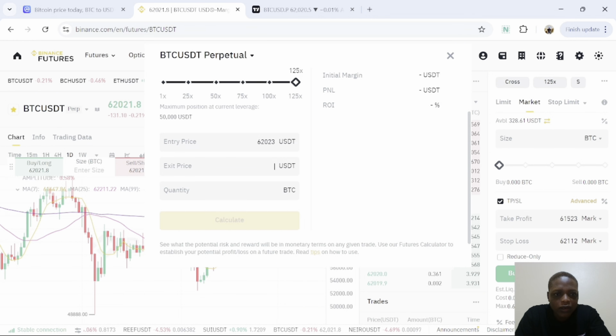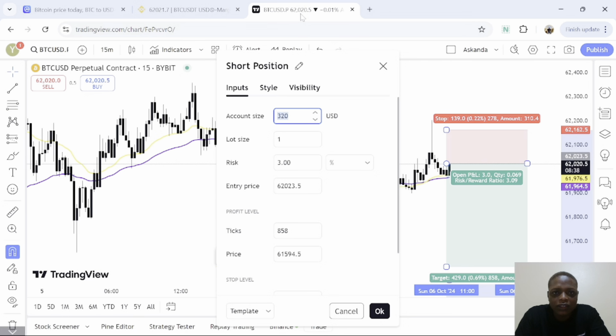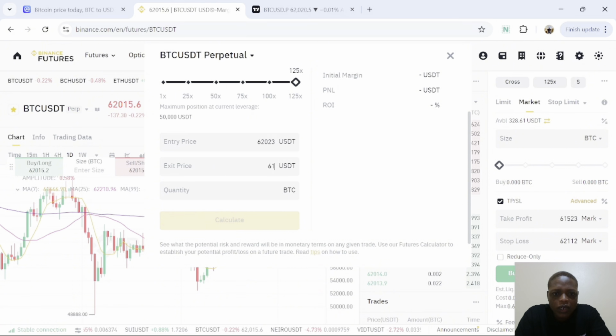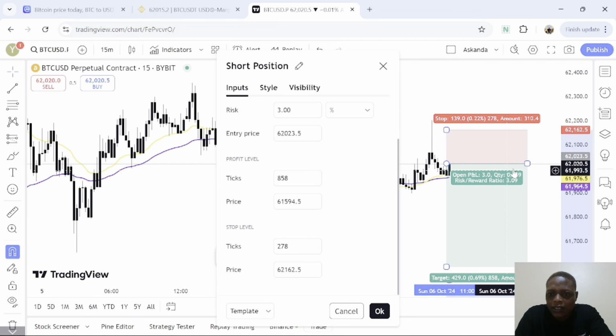So we are going to use exit price. We are going to enter our exit price, which is 61,594, where we want to exit the market. Then quantity in BTC. So the quantity, we are going to enter this quantity.